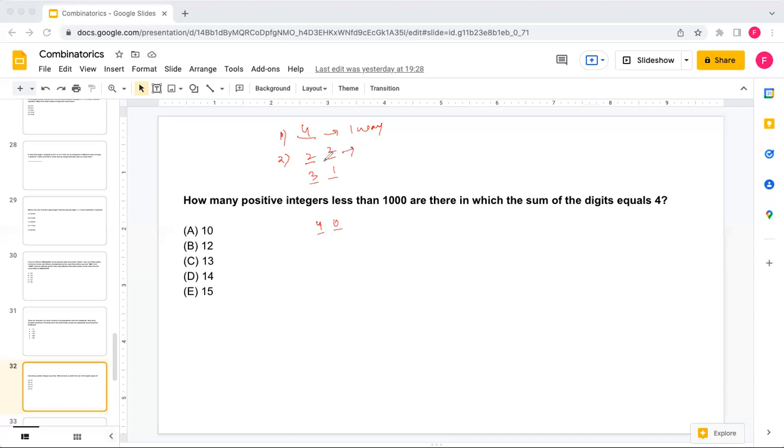This can be done in one way, this can be done in 2 factorial ways, and this can be done in 1 way. Any other 2-digit integer such that the sum is equal to 4? Any other way? We already catered this into factorial.